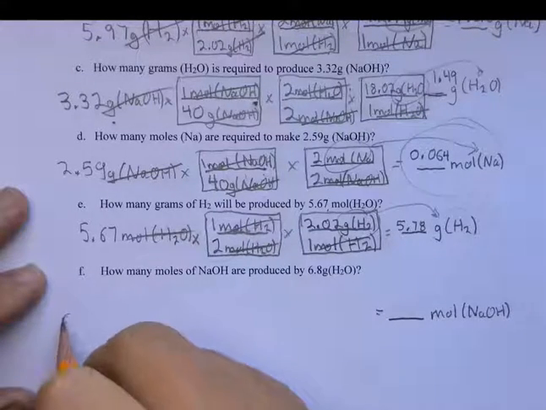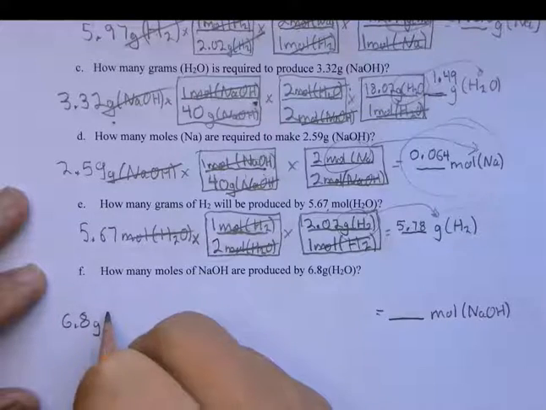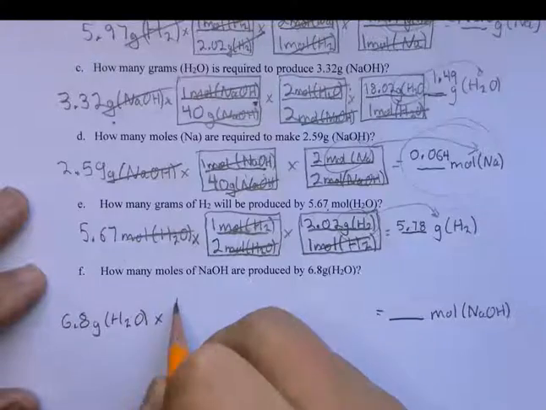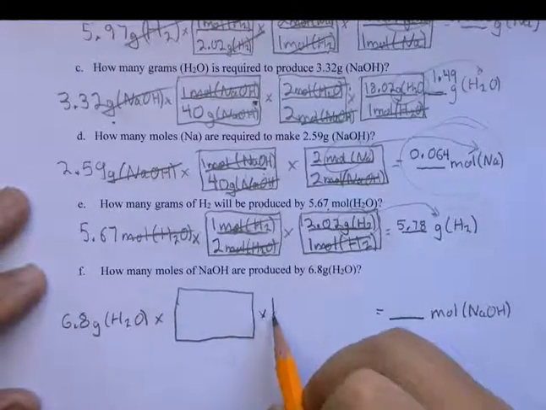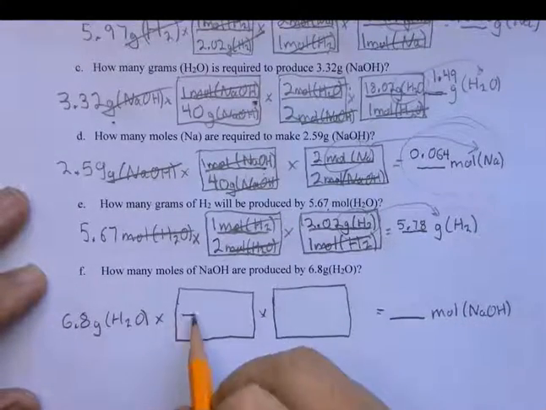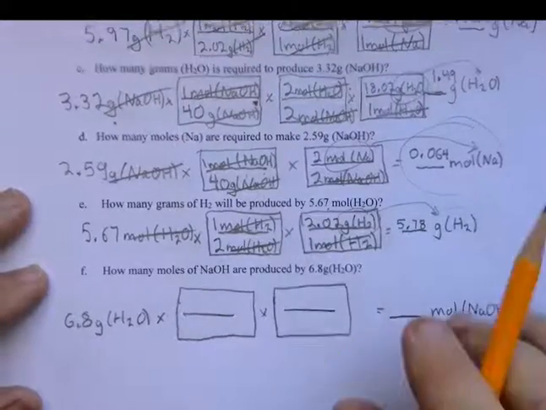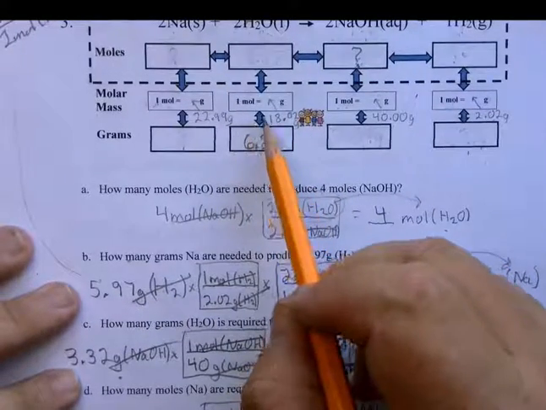And over on the left, we have 6.8 grams of water. And two conversions means we need two boxes. Okay, so where are we going to start? We're going to go into the equation right here using molar mass of water.